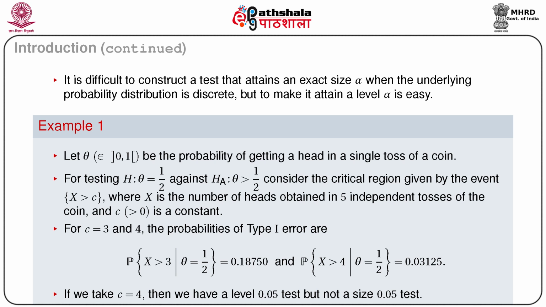Therefore, if we take c equals 4, then the test is a level 0.05 test, but it is not a size 0.05 test. To attain the exact size, we use the randomization technique.